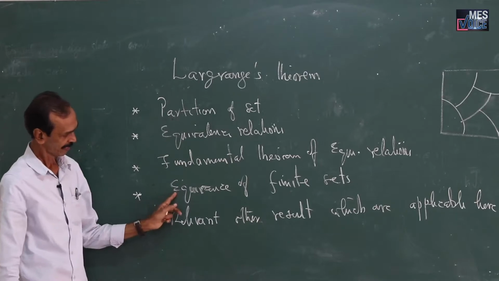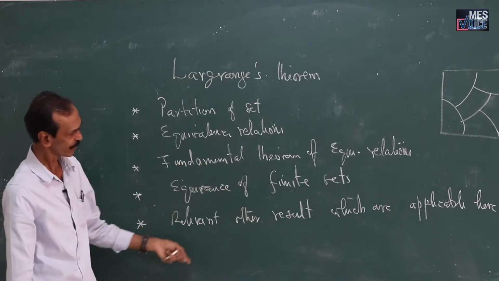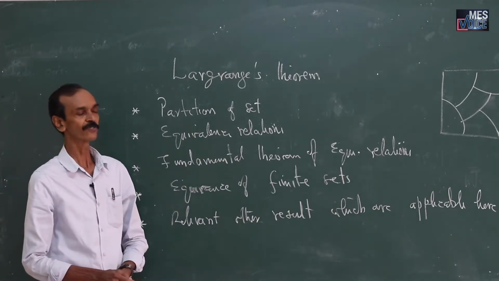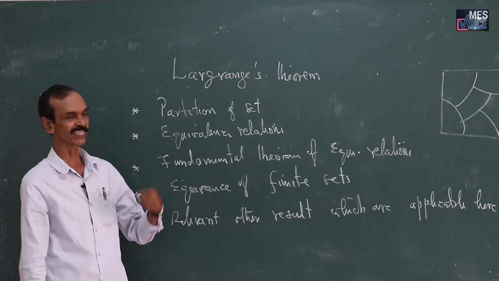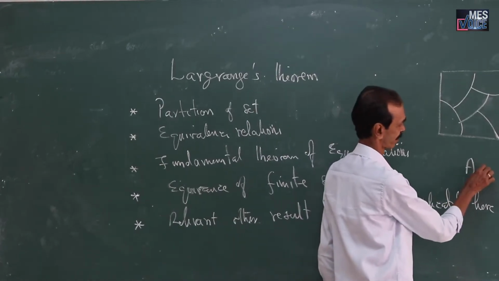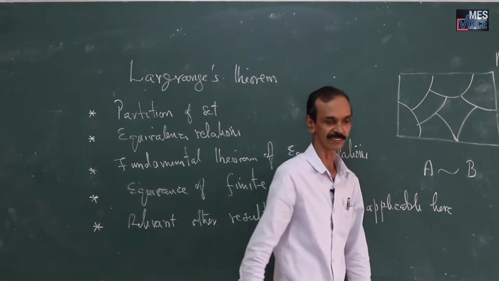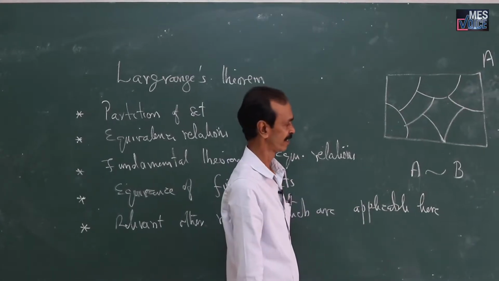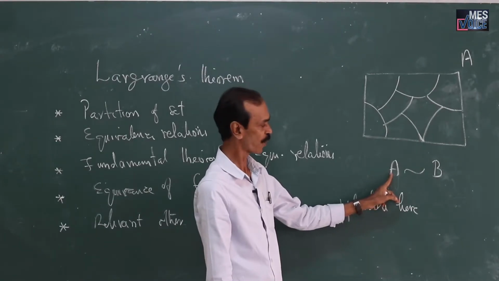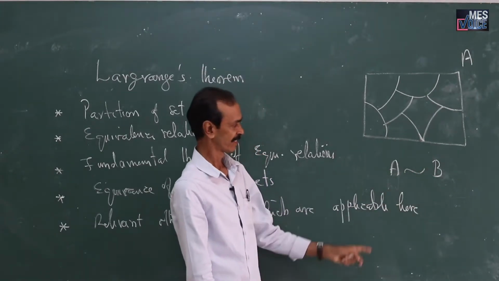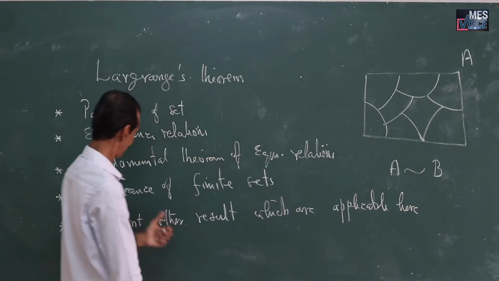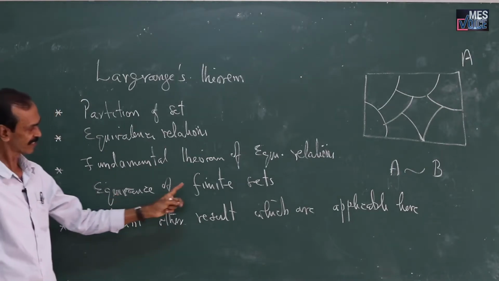The next point is equivalence of finite sets. We all know how to make two sets equivalent. Suppose A and B are two sets, then we say that they are cardinally equivalent if there is a one-to-one correspondence between A and B, that is, there is a bijection of A onto B. Here in this context, we consider finite sets.